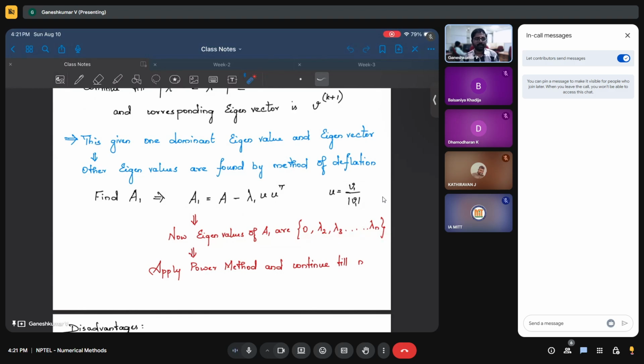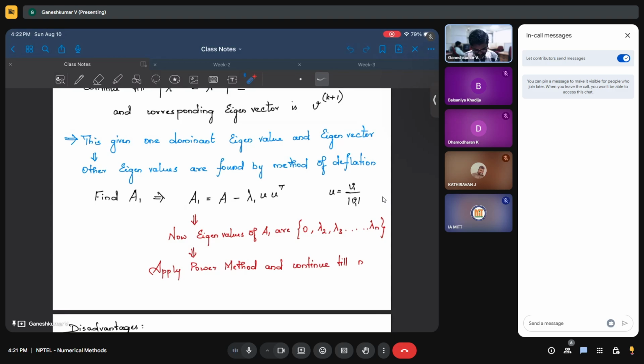Basically lambda 1 becomes 0. So the dominant eigenvalue for this matrix is going to be lambda 2, right? You apply the power method, you find lambda 2. Once you find lambda 2, you take A1 minus lambda 2 u u transpose, and then you apply the power method again to find lambda 3, and you keep doing it until you find lambda n.